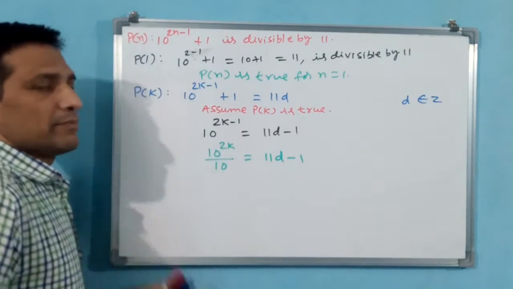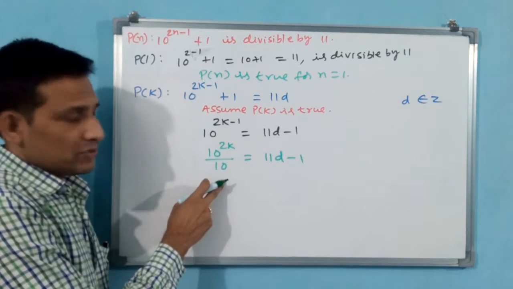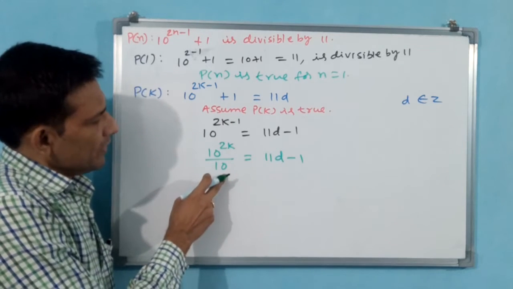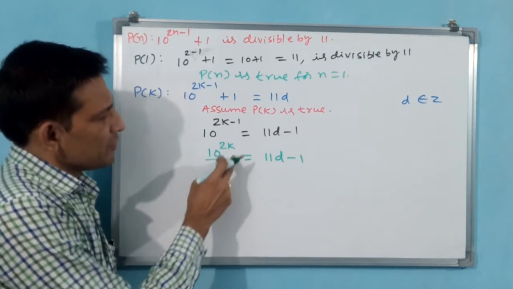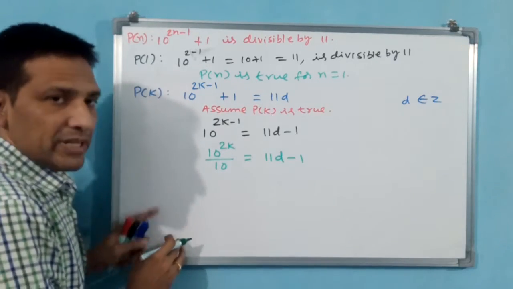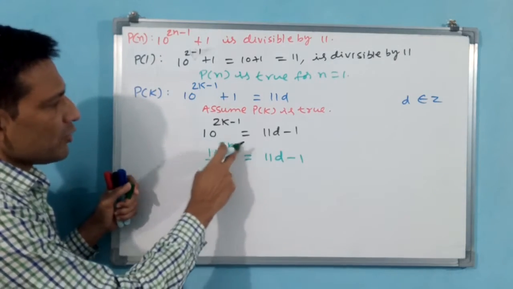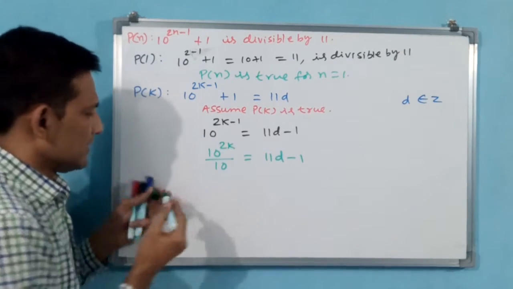Is it okay? First you see. Because minus 1 means denominator it comes. Denominator. Now 10 to the power bases are same. 10 to the power of 2k minus 1 you can write. Why I have written? See now P of k plus 1, 10 to the power of 2k is coming. 2k we want to bring. 10 to the power of 2k means how?